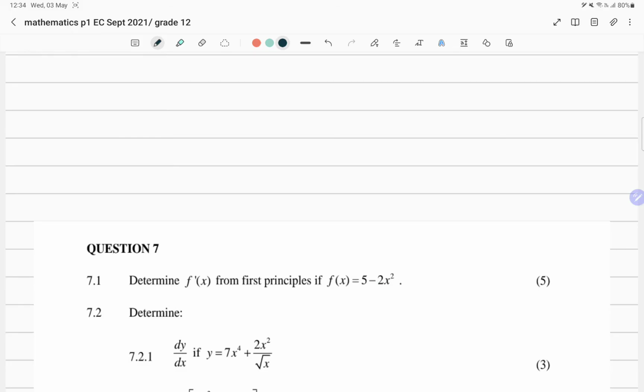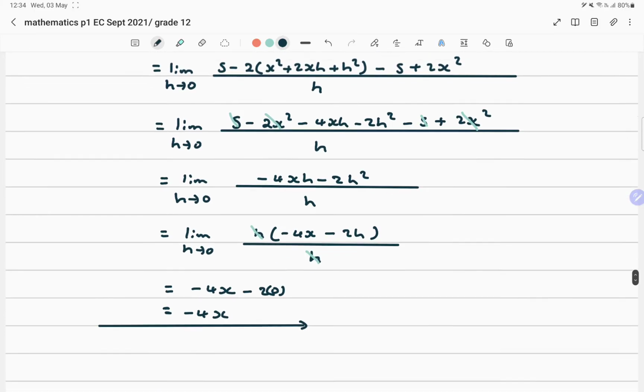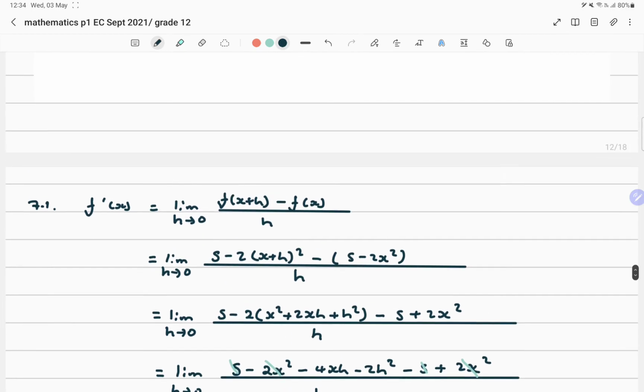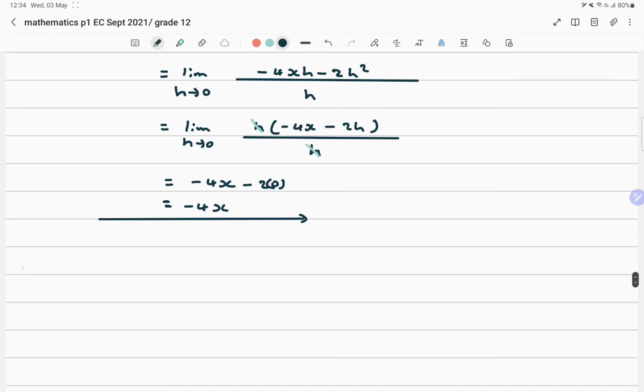This one is 0. So it's definitely correct. This one is a matter of just doing this as often as you need to. It's usually not so difficult.